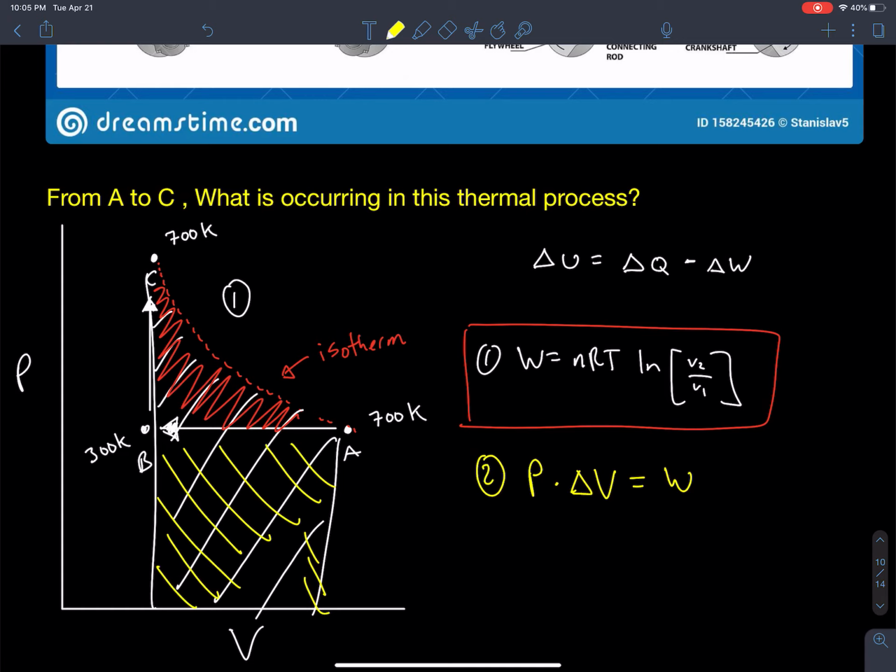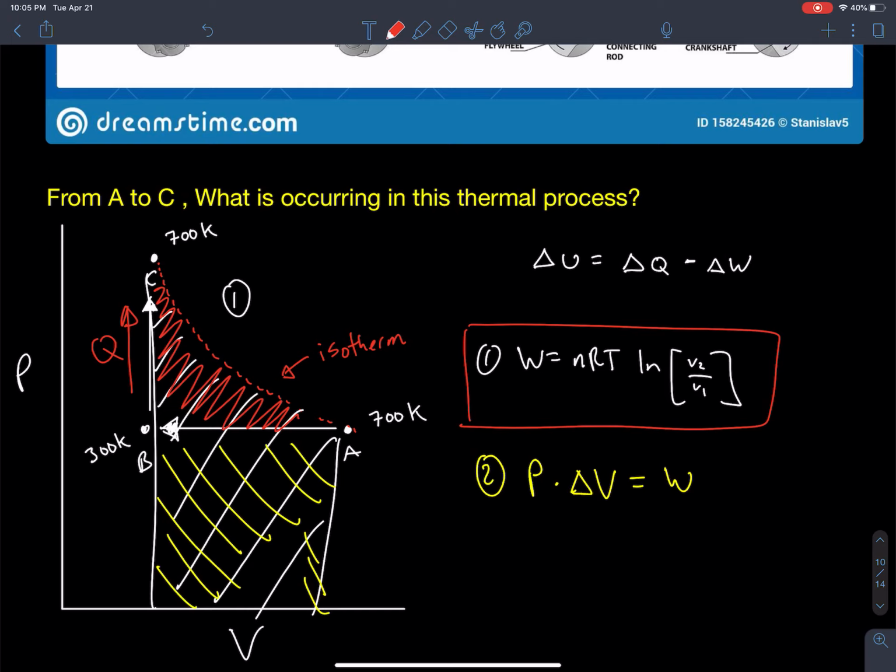Another question that could be asked is how much heat is put in at that point over there to reset the cycle? Well, the amount of heat that would be put in would have to match the work under that curve.